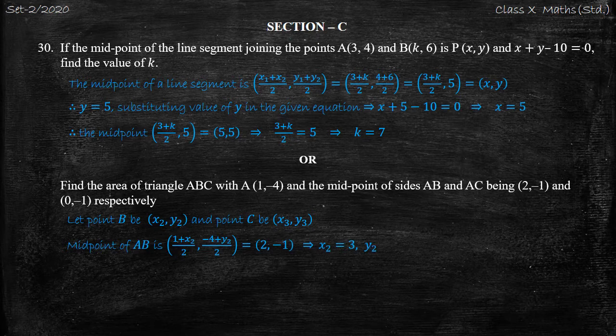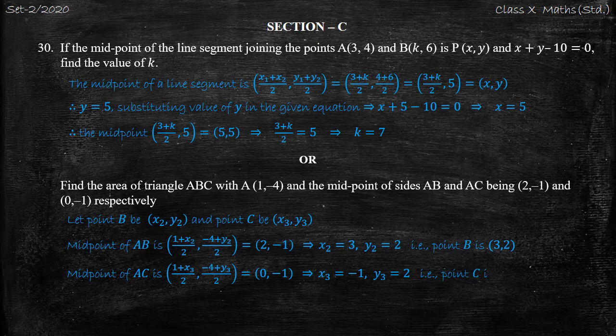Equate to the midpoint given, and you can find x2 and y2. So vertex point B is 3, 2. Similarly, the midpoint of AC we can find. So the third vertex is minus 1, 2.